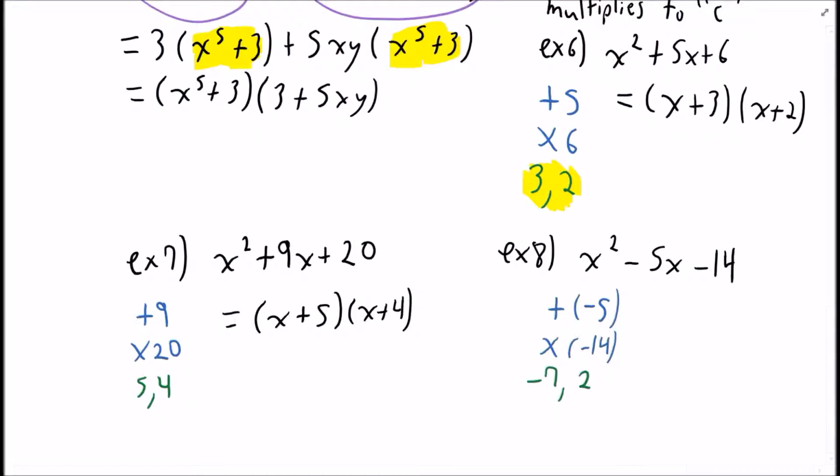So I can jump right to the final answer here and write bracket x minus 7, x plus 2. And once again, it doesn't matter if I put the x plus 2 first and then the x minus 7. It does matter where the plus or minus goes, though. I couldn't have x plus 7 and x minus 2. That wouldn't be the correct answer.